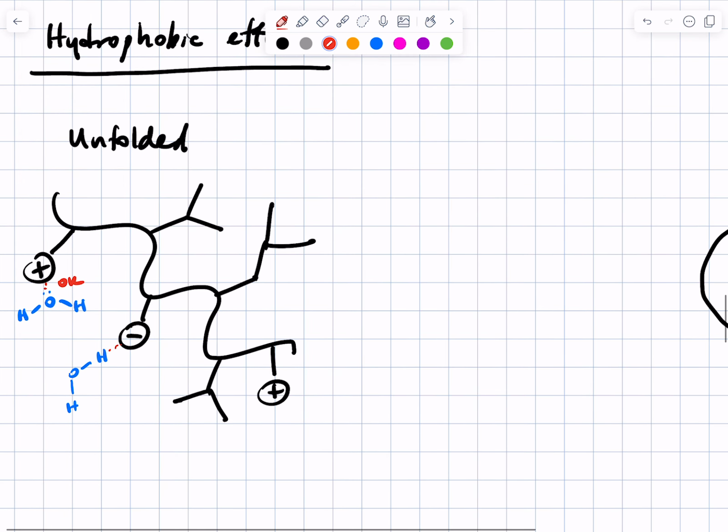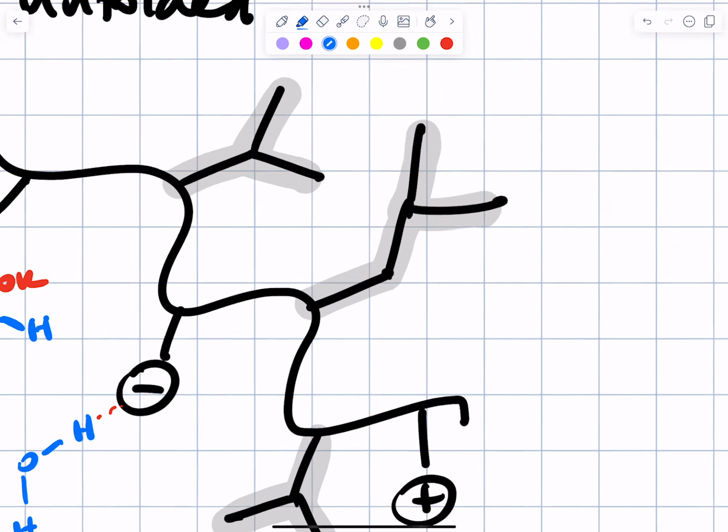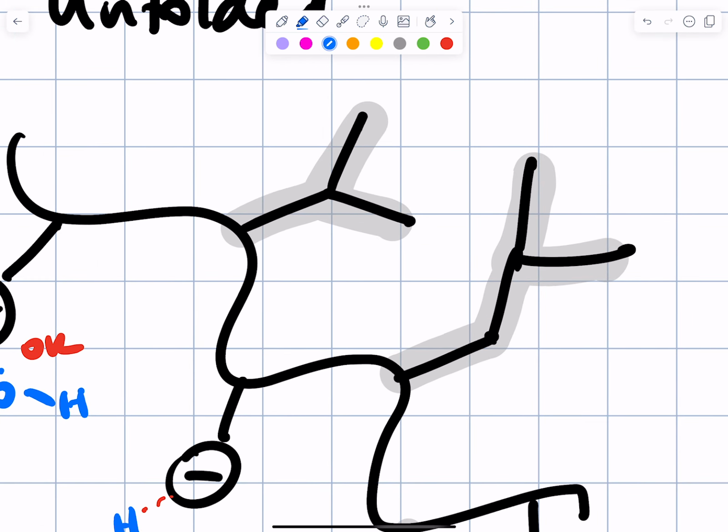But if we zoom in around a nonpolar side chain, the nonpolar side chain lacks the functional groups to, say, hydrogen bond with water. And therefore, water molecules that are closest to the nonpolar side chain have space nearby where they would normally have been hydrogen bonding with water, but they can't because there's not water there. It's the nonpolar side chain.